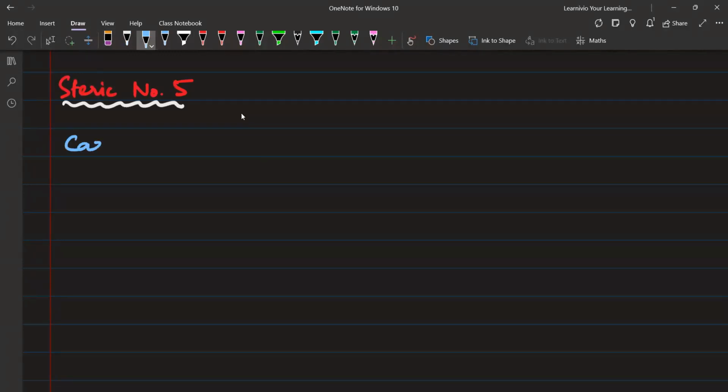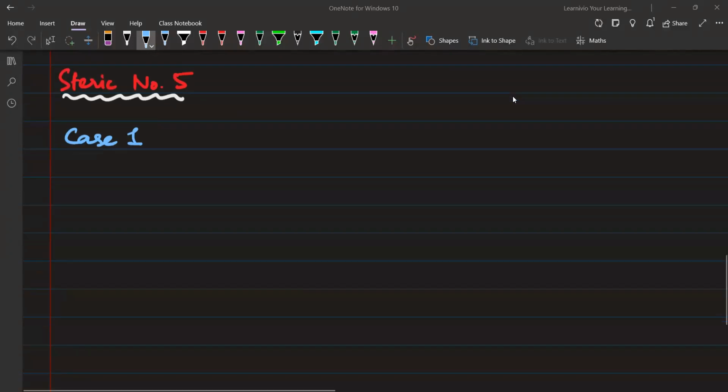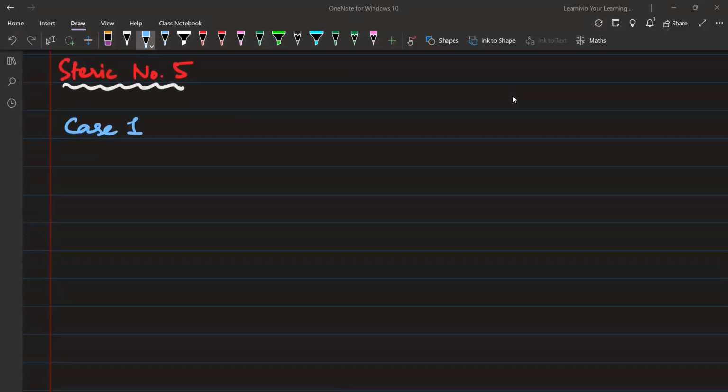Can somebody help me write case 1? I hope you are a bit habituated with the format we are following. If steric number is 5, then case 1 will be 5 sigma bonds and 0 lone pair. Very good.